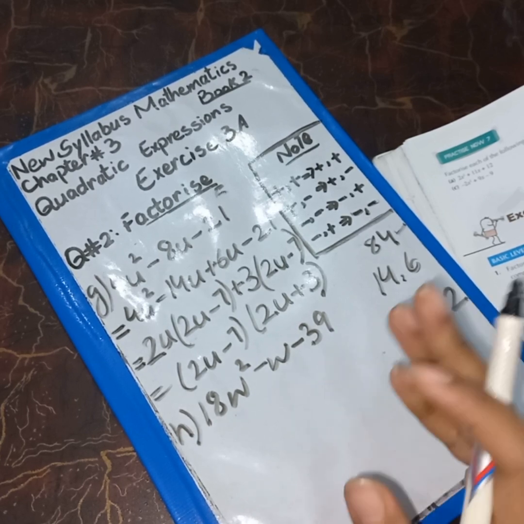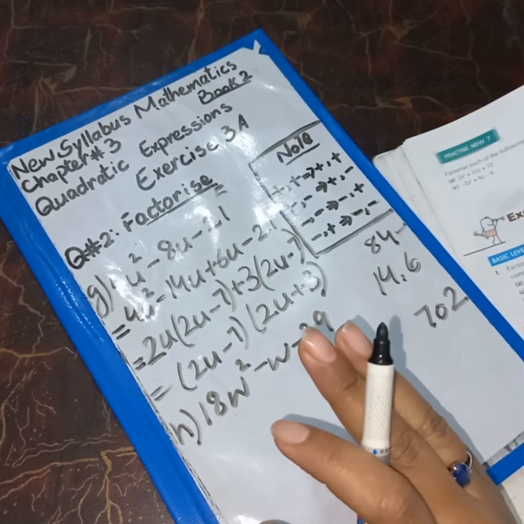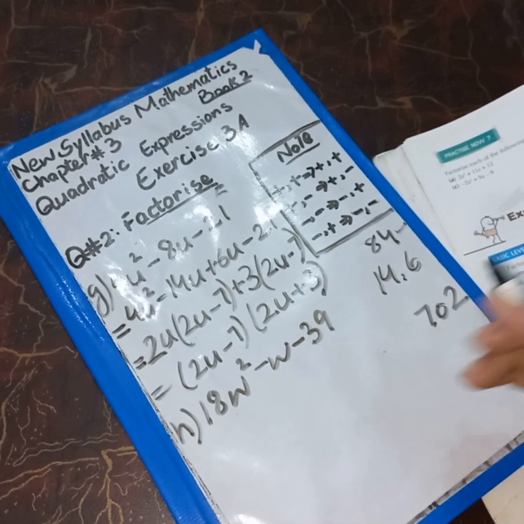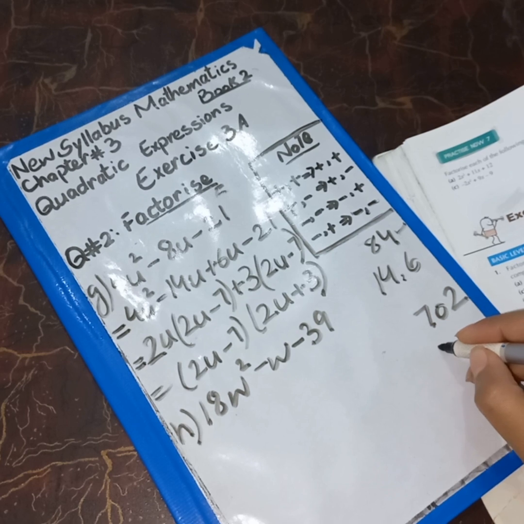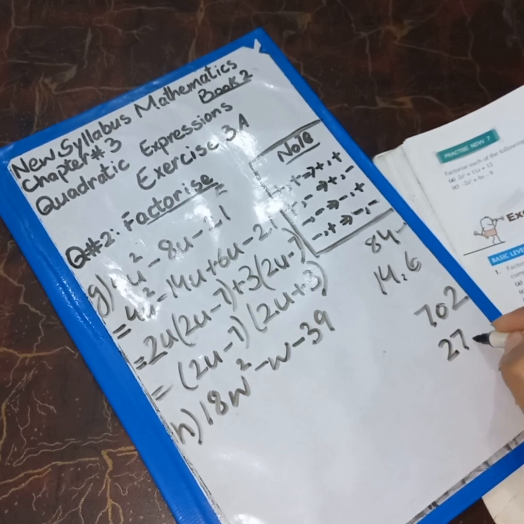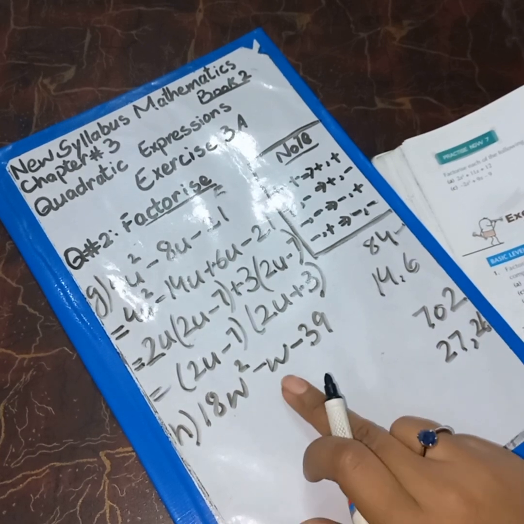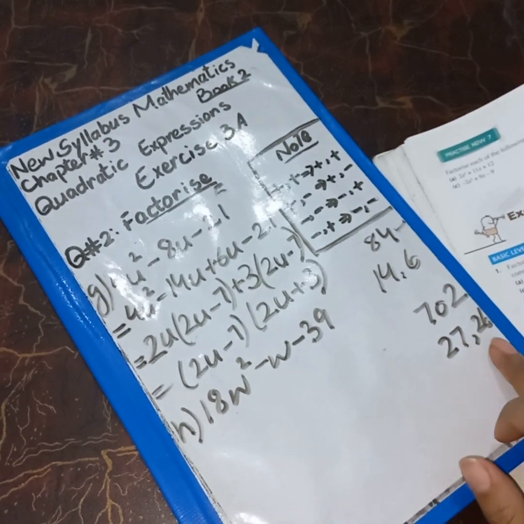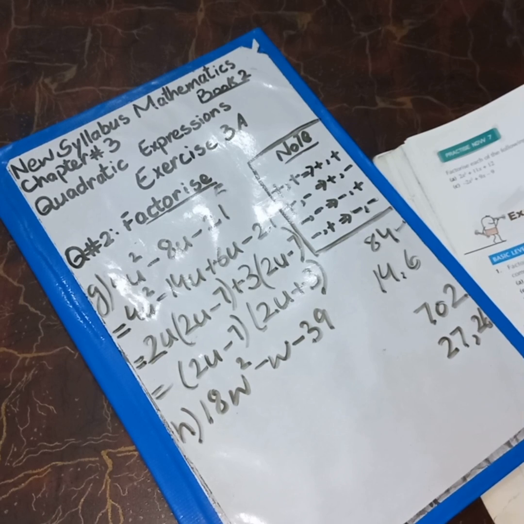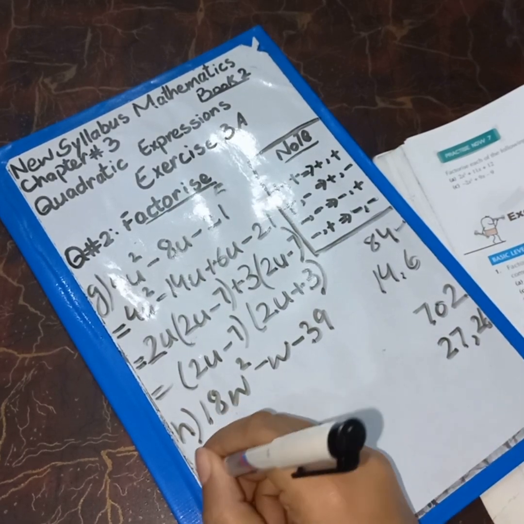So there is a gap of just 1 between the two numbers. If you observe, the gap between 27 and 26 is 1. 27 minus 26 gives you 1, and it gives you 702 after multiplication as well. So the right pair is this.